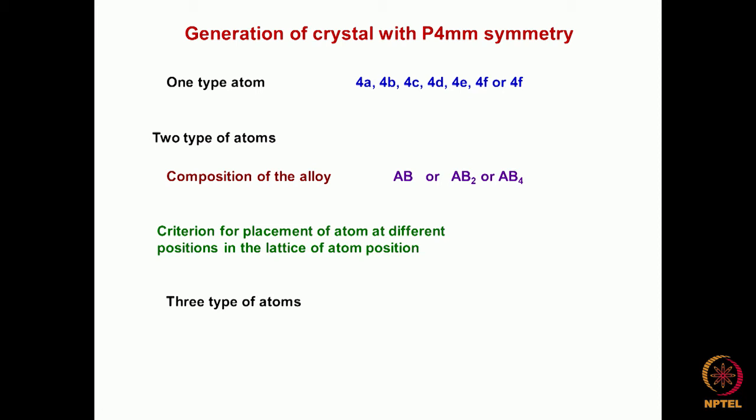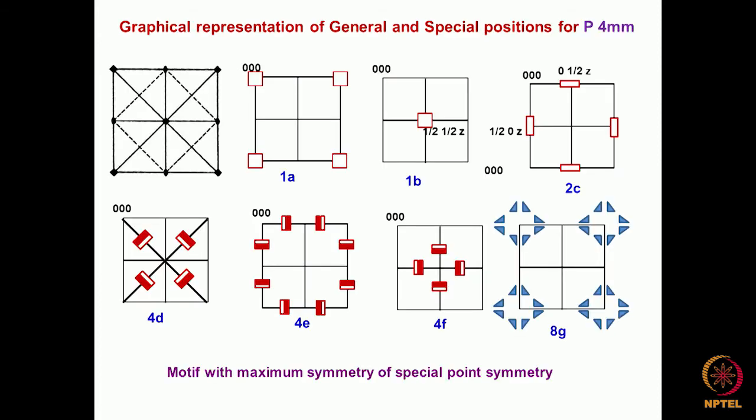Suppose there are 3 atoms, then also you can try to find out. Like here, if you take the 3 atom case, the A atom can occupy this position. If the B atom occupies this position, it will be AB2. If the C atom occupies these positions, then AB2C4 will be the composition of the alloy.